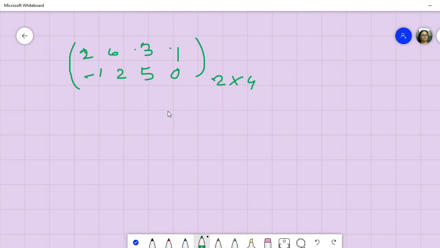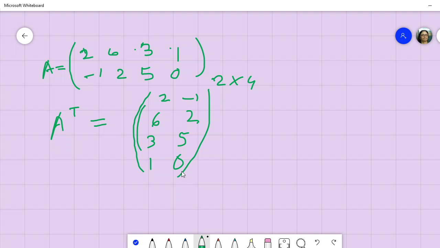Its transpose is, if this is A, then the transpose is written as A T. Since this is a 2 by 4 matrix, you write rows as columns, so it is 2, 6, 3, 1 and minus 1, 2, 5, 0 as columns. This is A transpose, which is 4 by 2.